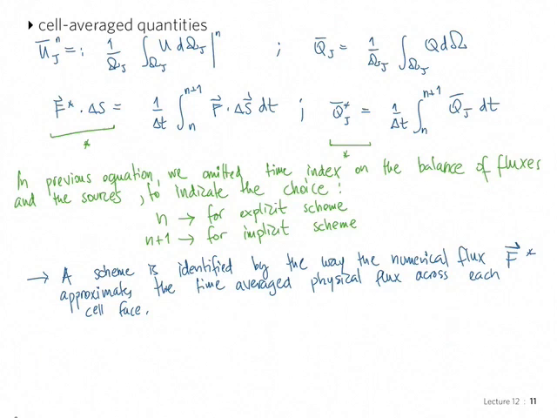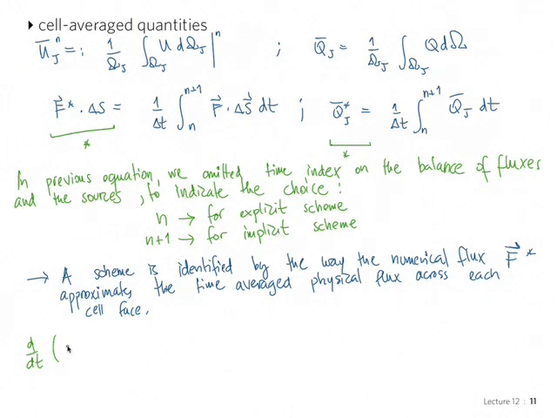So if we leave open the choice of integration, we would write d dt, integration in time. We'll just leave this open. In the previous slide we wrote it if we used a first order Euler in time, but we could use other schemes. We could use Runge-Kutta or something different.